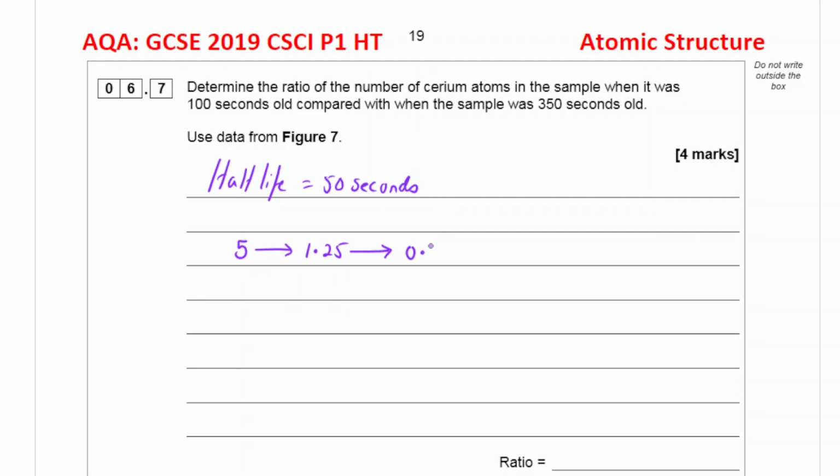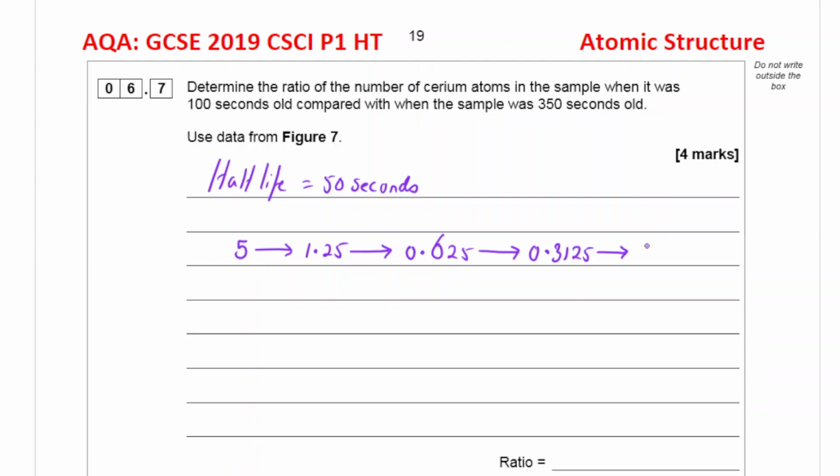1.25 divided by 2 gives me 0.625. Divide that by 2 again, 0.3125.